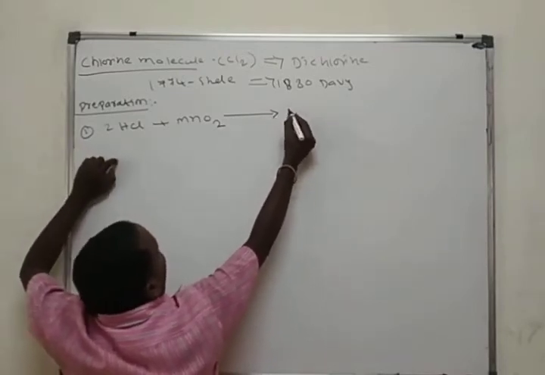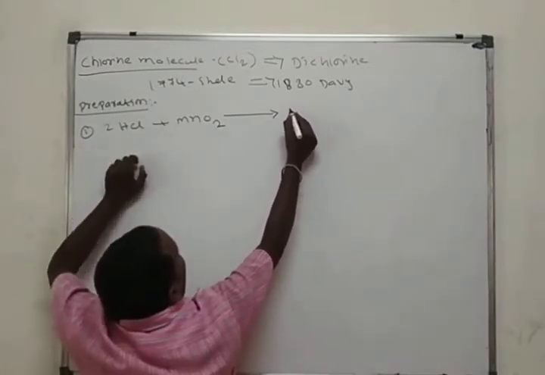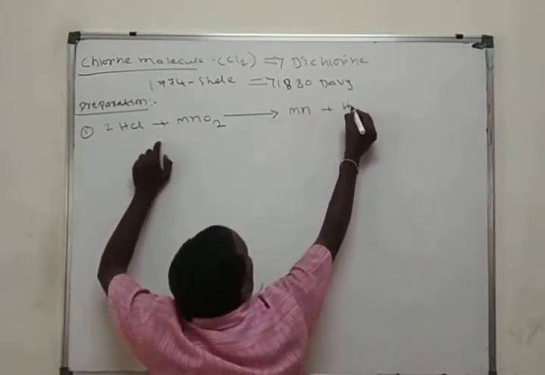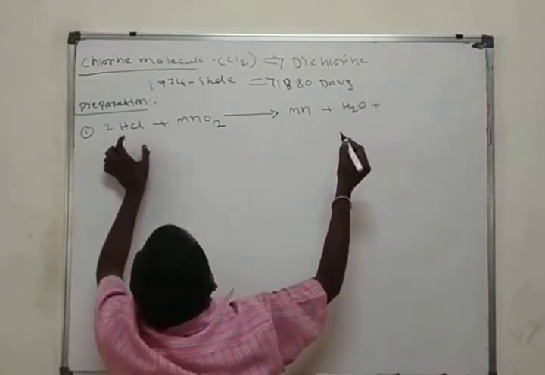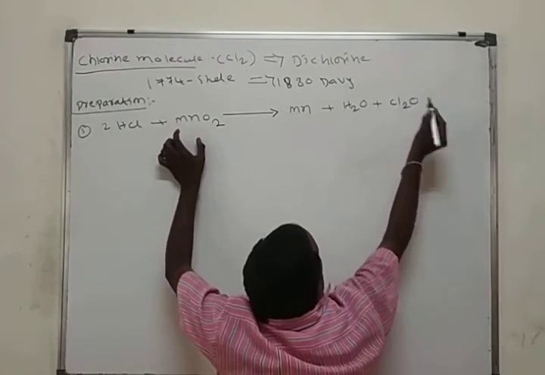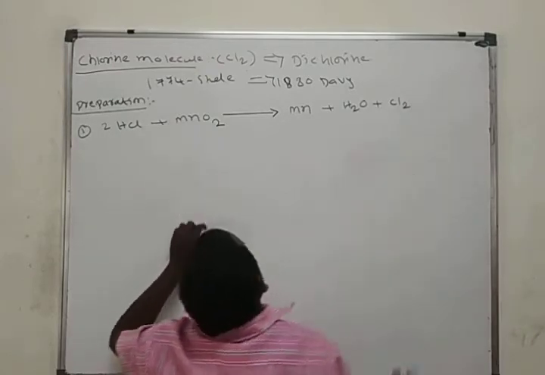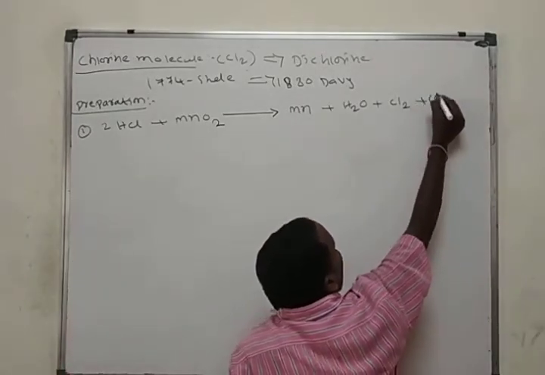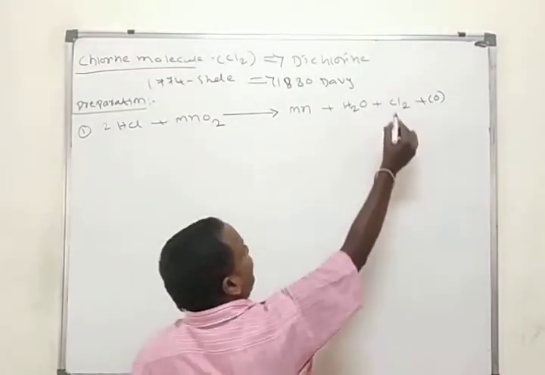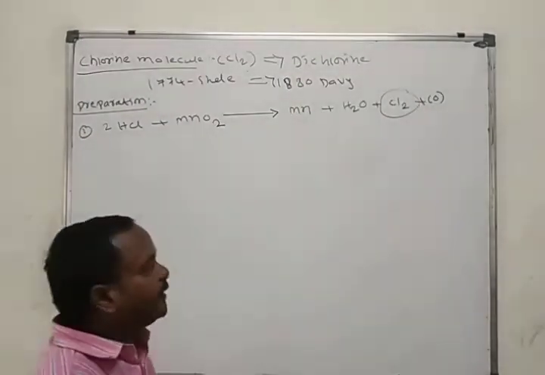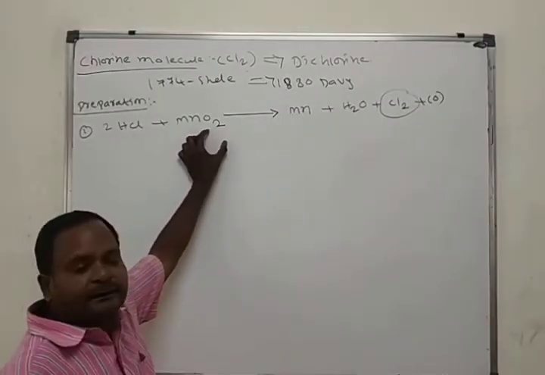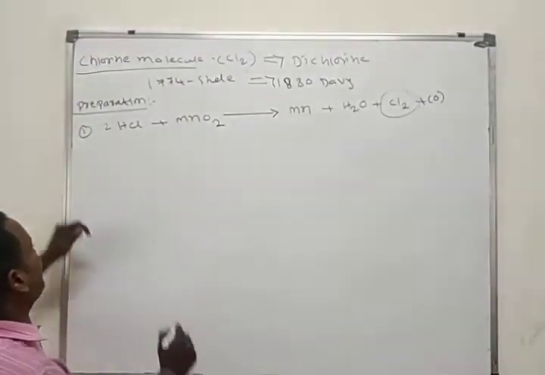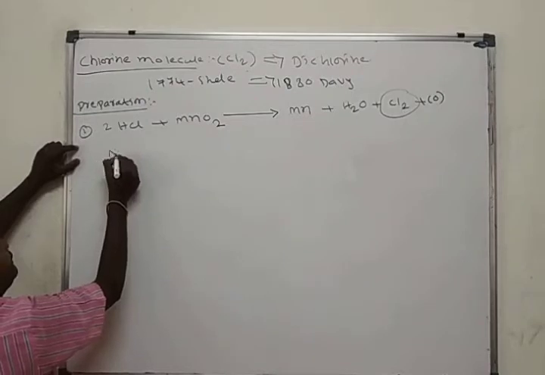Here we get manganese chloride, H2O, and the chlorine molecule, along with nascent oxygen. So when hydrochloric acid reacts with manganese dioxide, we get chlorine, or dichlorine.